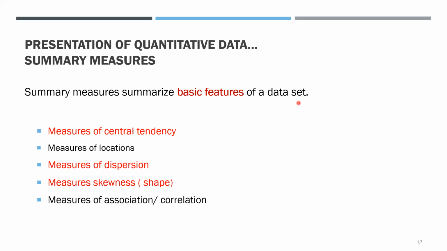Here you can see in the slide the explanation for that. Summary measures summarize basic features of a data set, right? So if you want to have an idea about a certain numerical variable, then you have to use their summary measures.